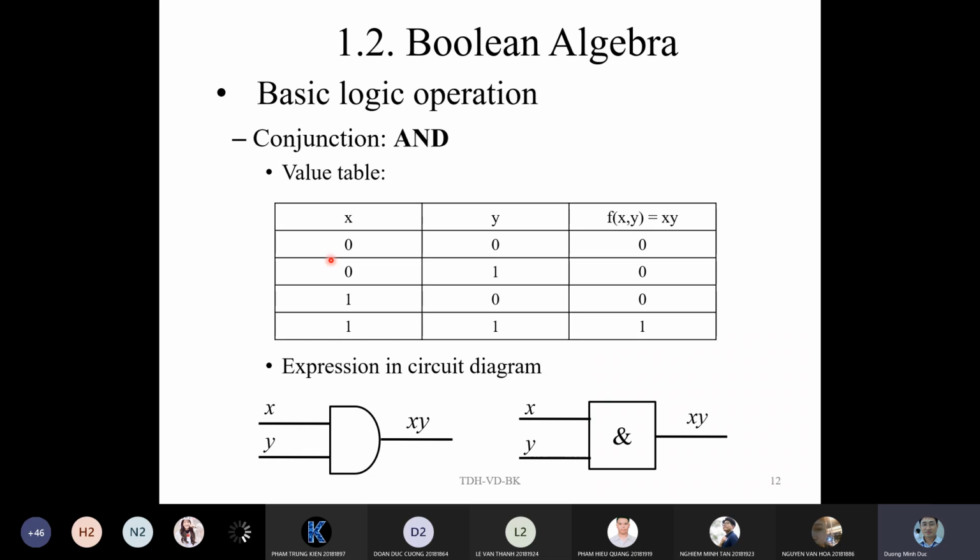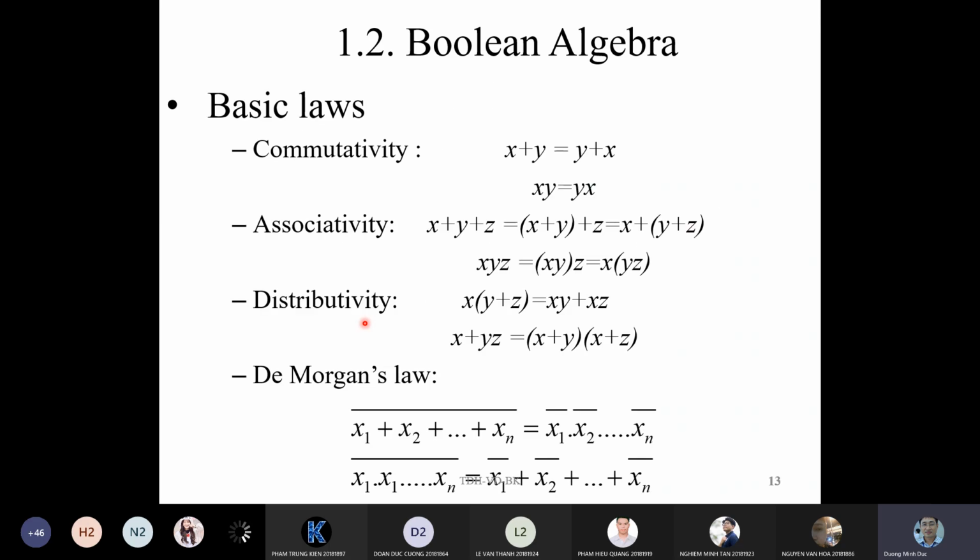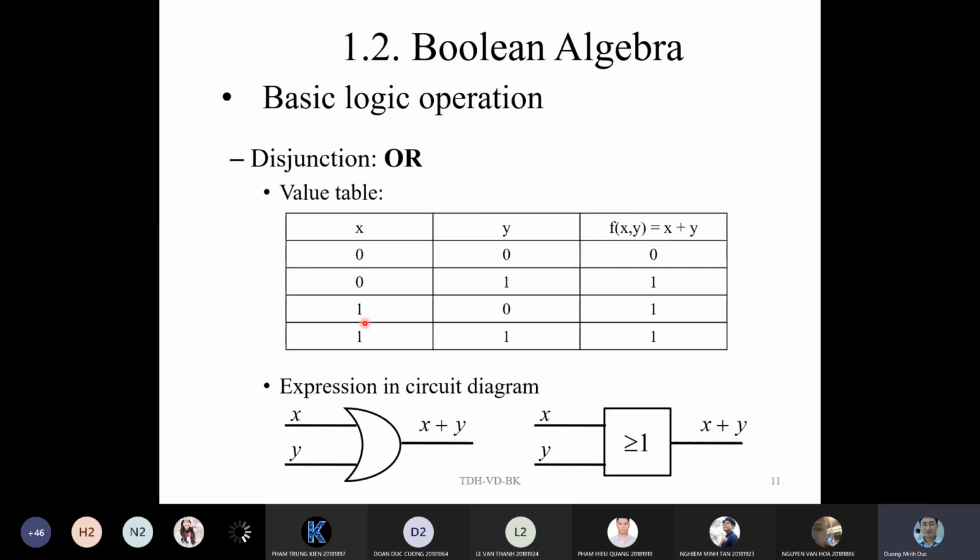Actually, this is the same as the normal algebra, but for the disjunction it is not the same, because they don't have the value of 2 in the logical algebra.